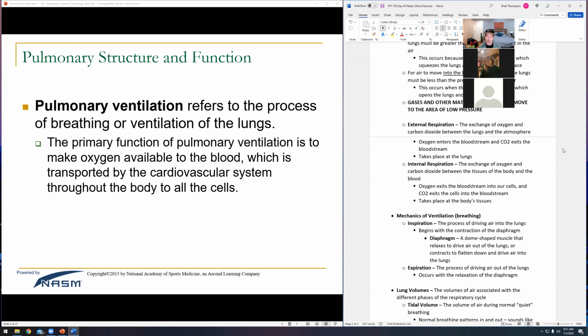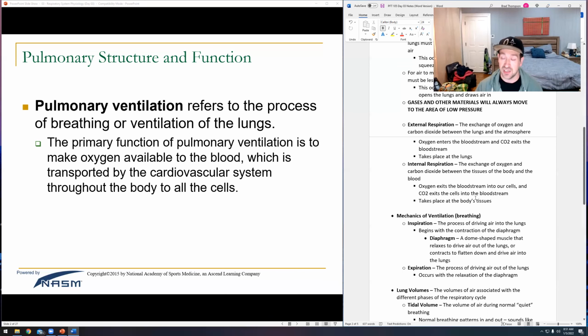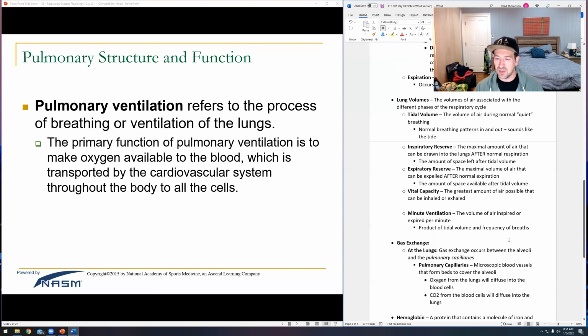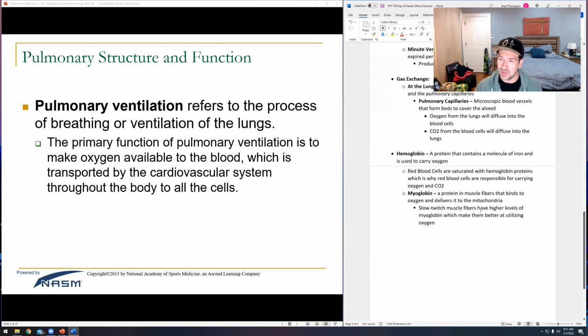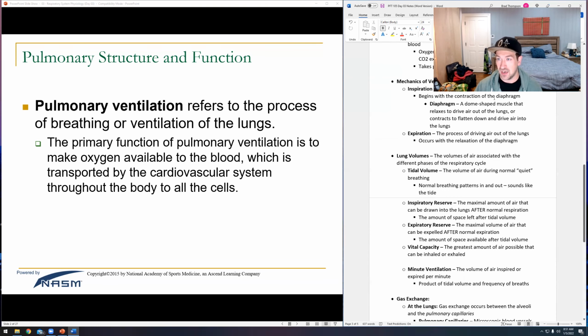And that also very much relies on pressure. So we're going to get a pretty good understanding of how pressure works and how it drives things from one area to another, and how that's responsible for driving oxygen not only into our lungs but also into our blood cells.